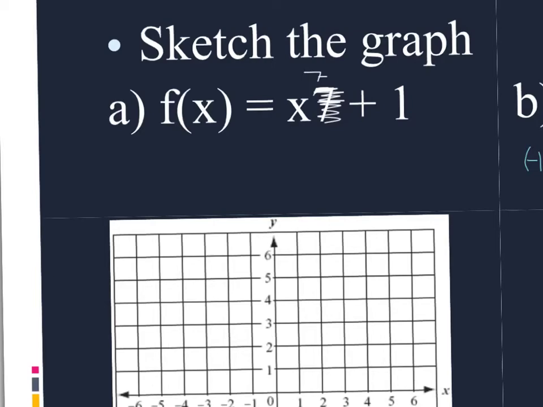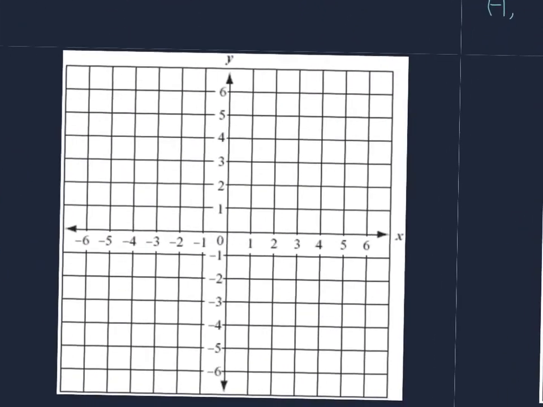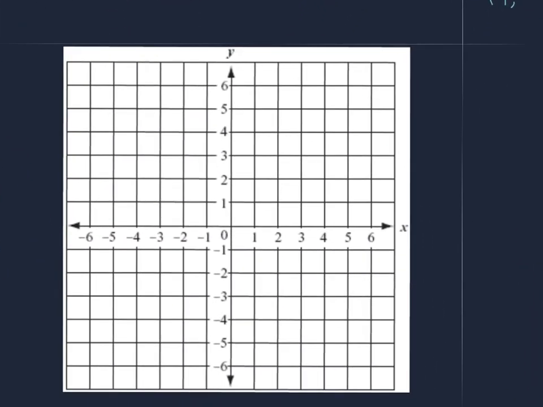So let's take our coordinate plane and move those 3 main points that we know from the cube function up 1. So it's the same points. The only difference here is that it's flatter along here. It should create more of a flattened out look, like that. It's kind of squished in at the point where it starts decreasing.